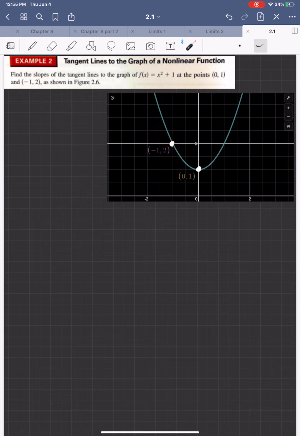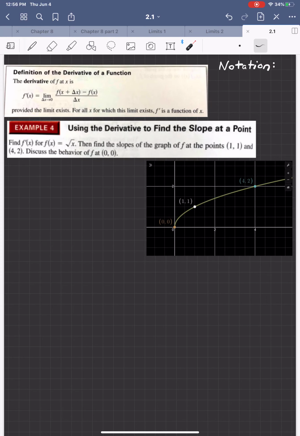So before I go back to example 2, let me now introduce the definition of a derivative. So here it is, the definition of a derivative of a function. The derivative of a function at a point x is, and I'll talk about notation in just a second, but notice, here's that difference quotient.